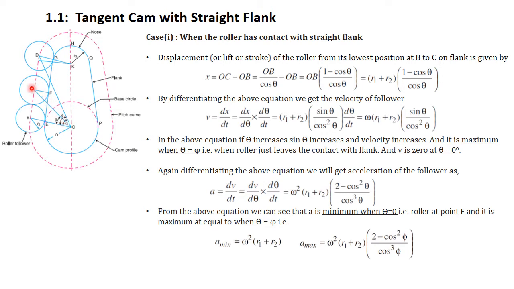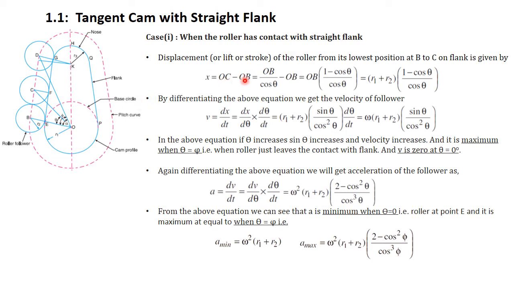then OC is the hypotenuse, and if OC is the hypotenuse, then we can say that cos theta is equal to OB upon OC. Therefore, OC is equal to OB upon cos theta, right?